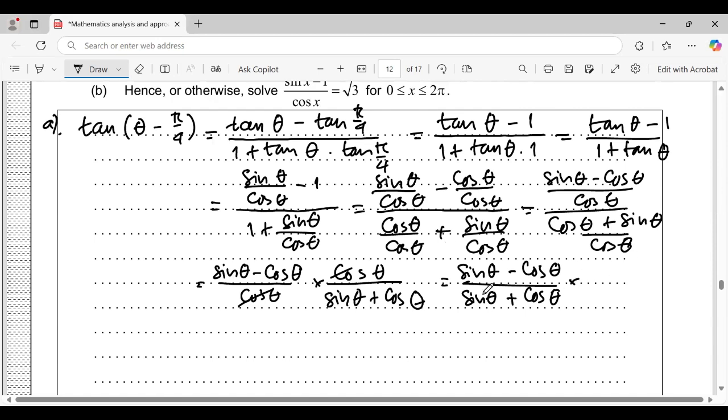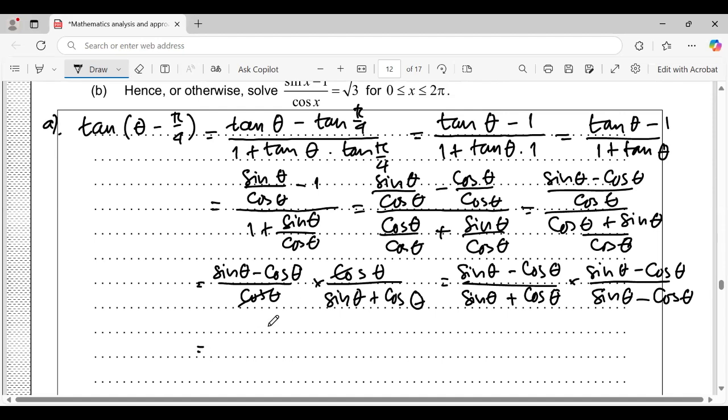Now we multiply by the conjugate of the denominator, sine theta minus cosine theta, on top and bottom.